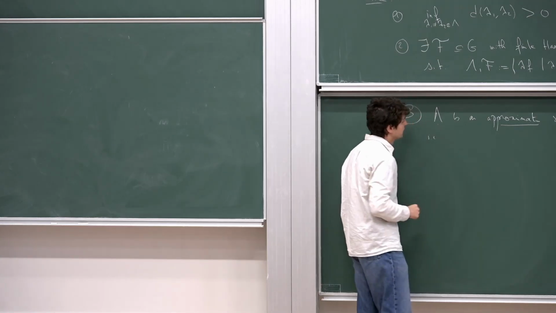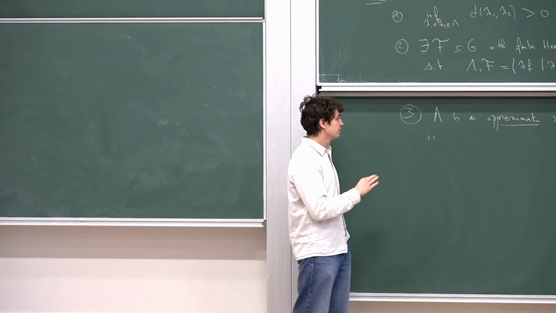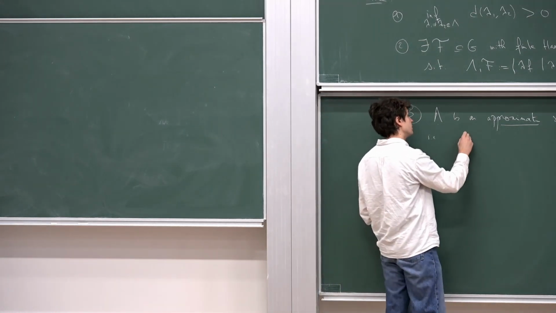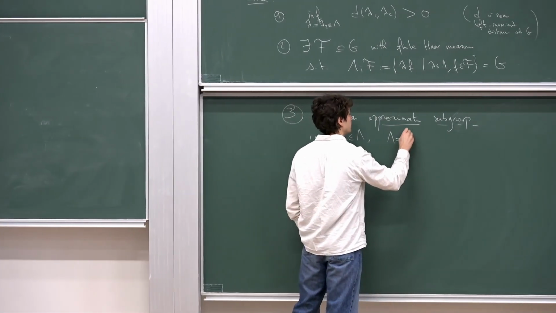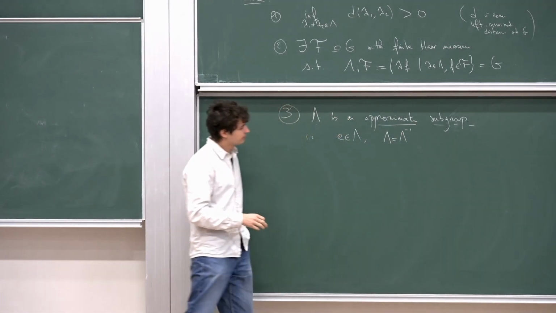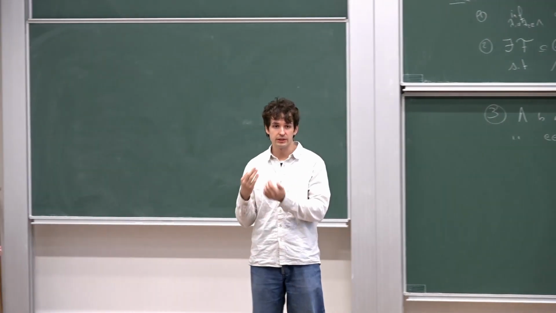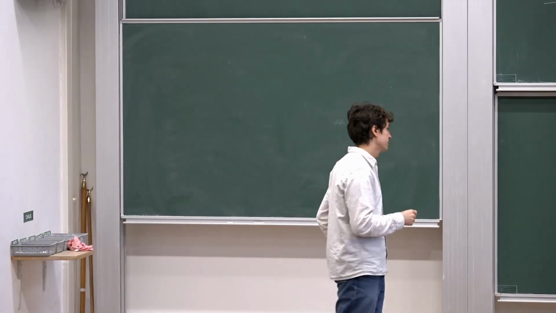First, you will assume that lambda is symmetric. So the identity is in lambda, and lambda is equal to lambda inverse, so it contains the inverse of every element that is in it. That's a good assumption.